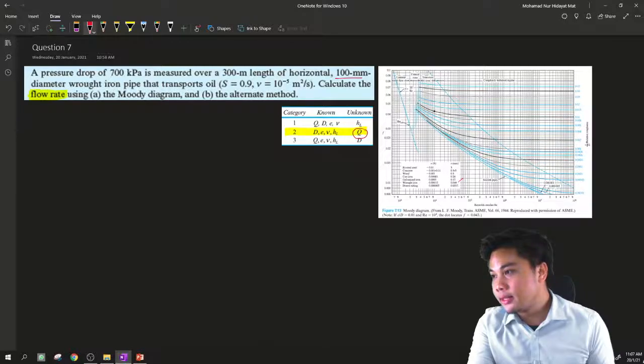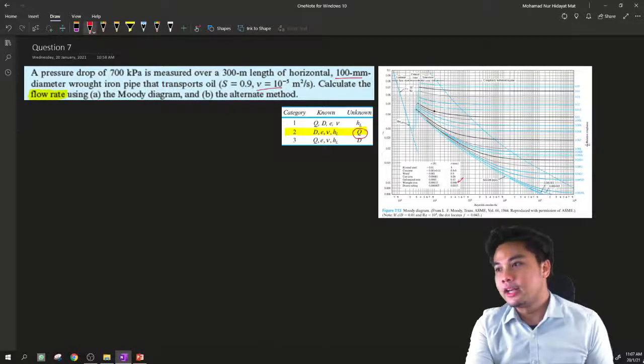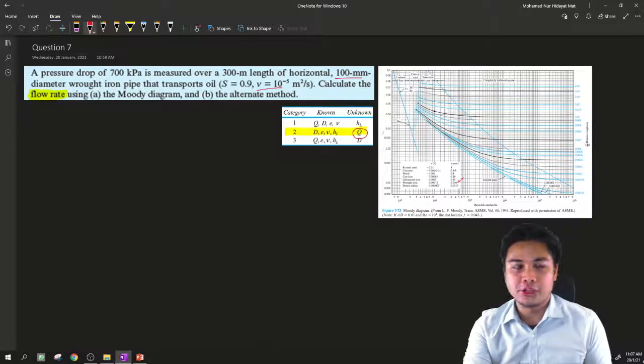The kinematic viscosity is given, and then the head loss you need to find. Directly from the Moody diagram, you get the f, calculate the value of h_L, and then finally you will get the flow rate.